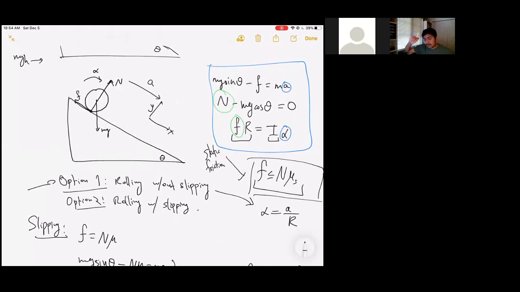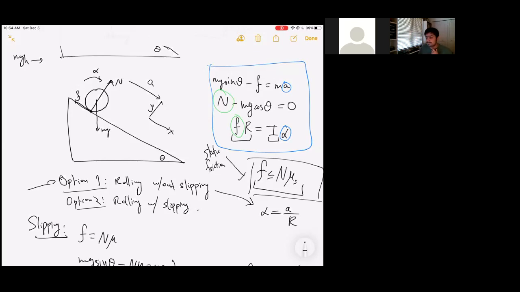So if you look at theta slightly larger, the equations essentially stay the same, and none of the variables are changing discontinuously. Basically, you're solving a system of equations, and none of them are changing discontinuously. The potential for discontinuity would be that the F equals n mu for the slipping case is different than the F less than or equal to n mu that you had for static friction. So that boundary is different and it discontinuously shifts.